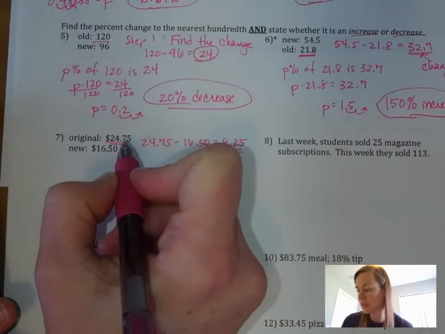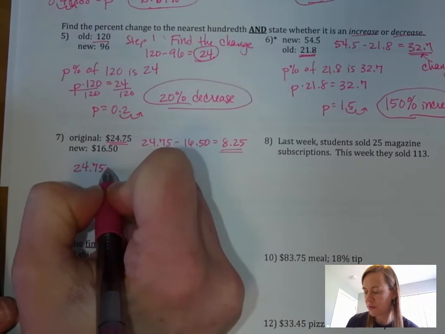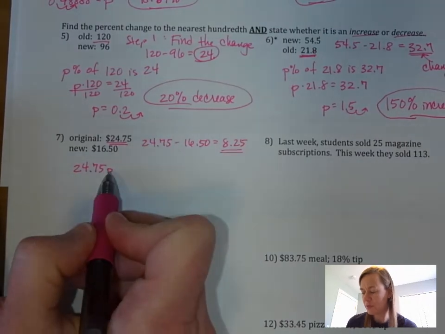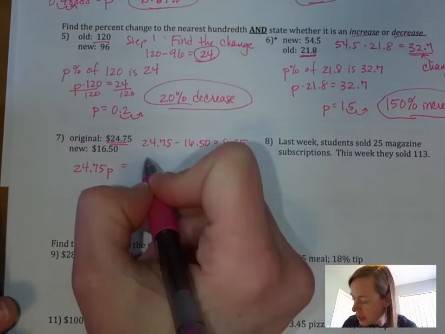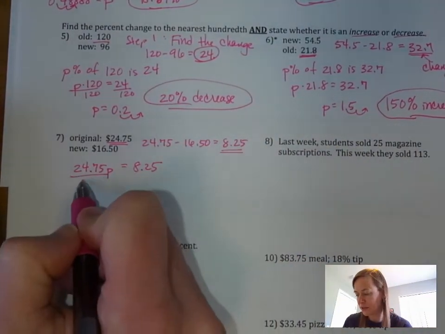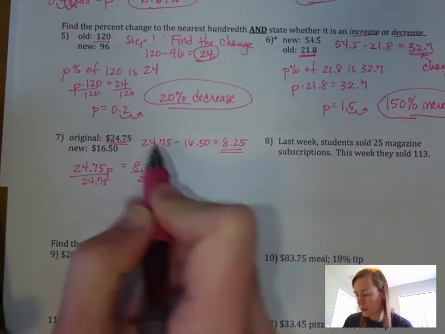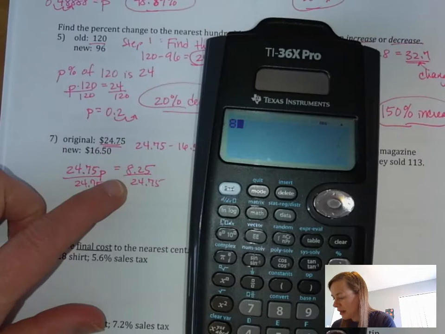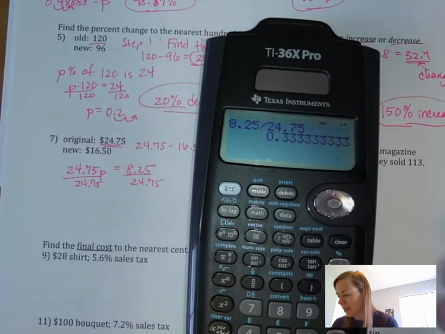So p% of 24.75, I'm just going to go ahead and say 24.75p. So that means p% of 24.75 equals the change, 8.25. Okay, now solve for p by dividing on both sides. And what are you going to get? 8.25 divided by 24.75. And you got a bunch of 3s.